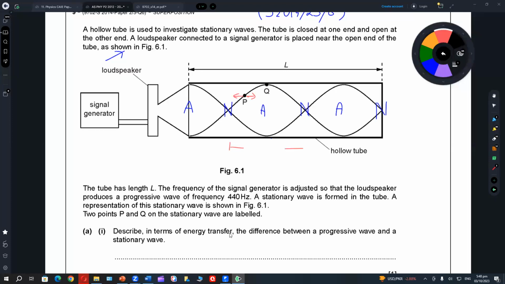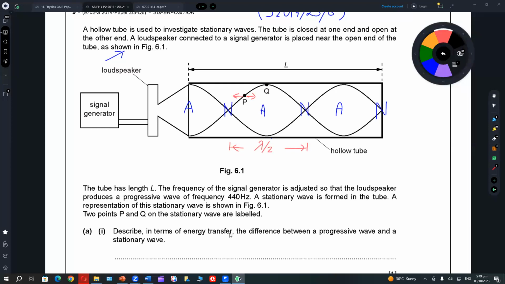He's asking, by the way, P to Q. So what is the property?